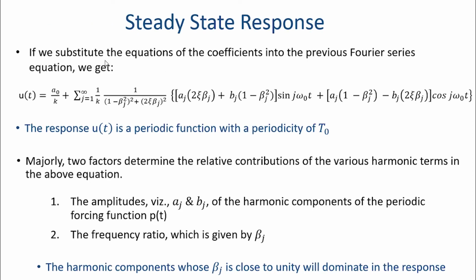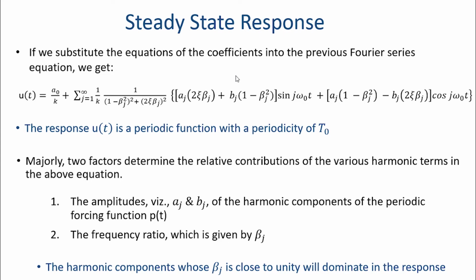If we substitute the equations of the coefficients in the previous expression, we would get the response of the SDOF system due to a periodic force, and the expression is this. Here A naught by K is equivalent to a static response, and then we have harmonic responses, that is sine and cosine functions.